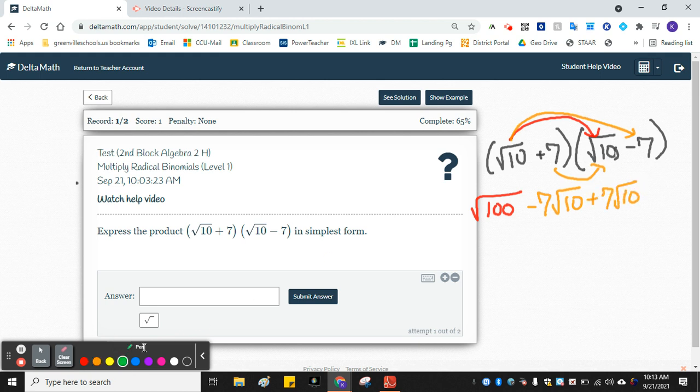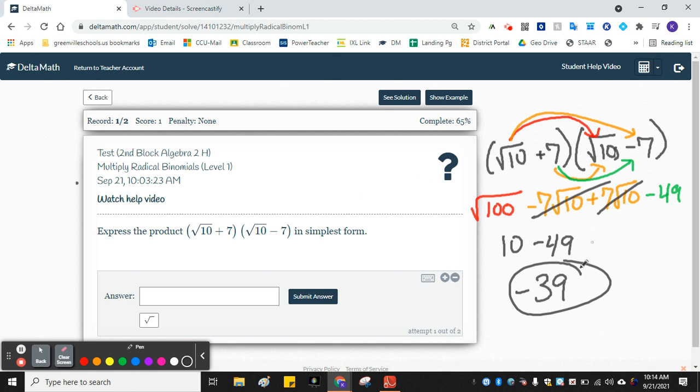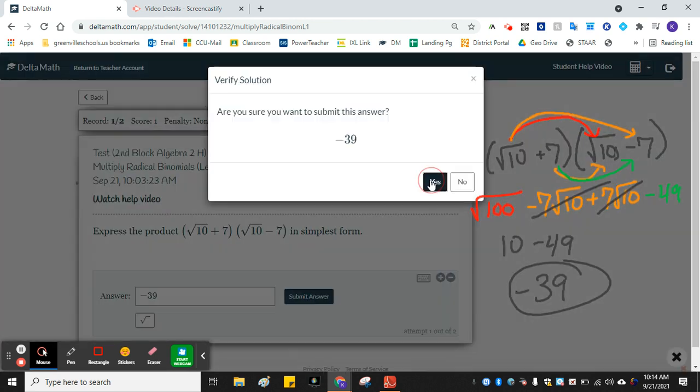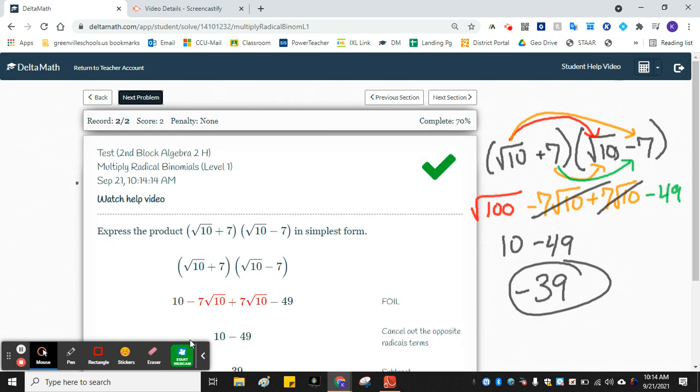Positive 7 times negative 7 is negative 49. And then we simplify that. Square root of 100 is 10. Negative 7, positive 7 cancels out. Minus 49, you should get negative 39. That's with conjugates. You should get all the way down to a whole number. So negative 39. Ta-da.